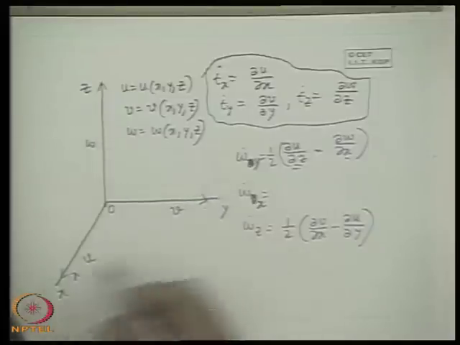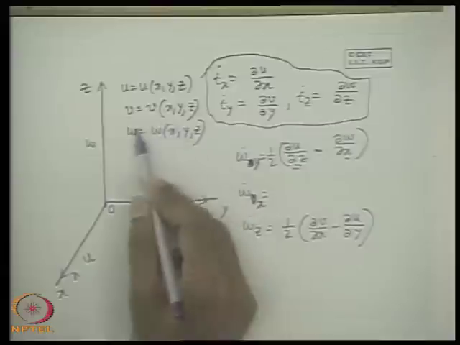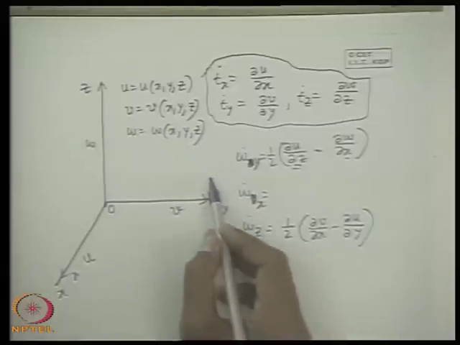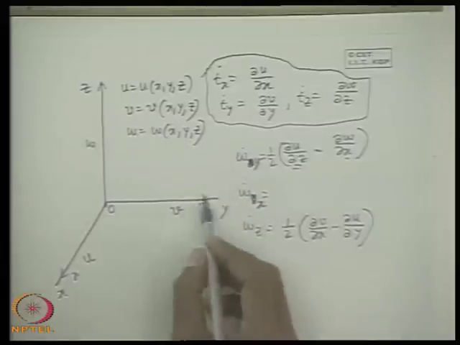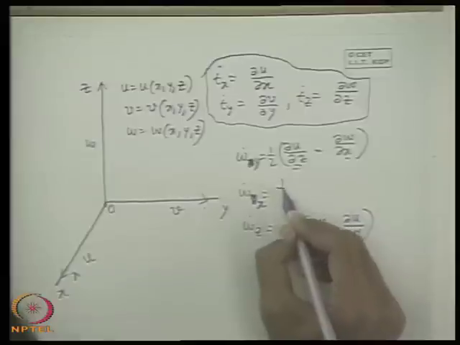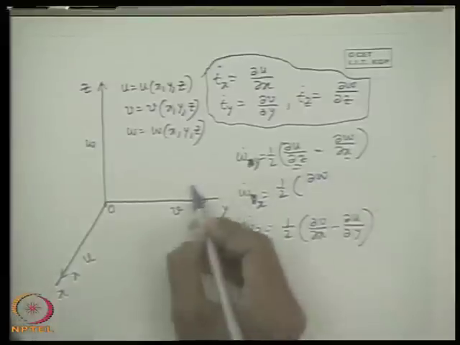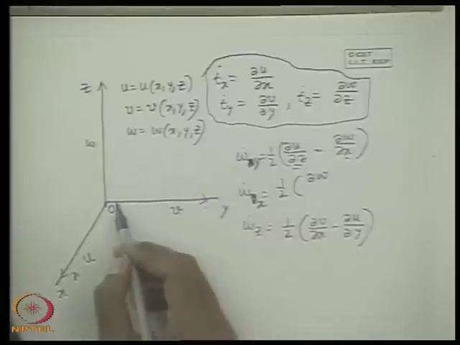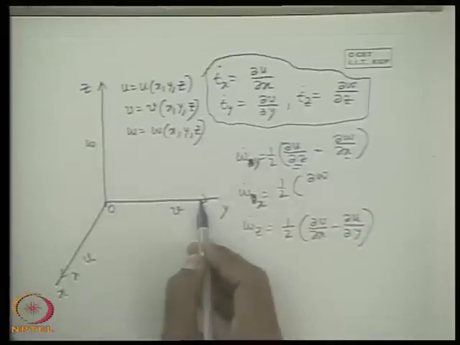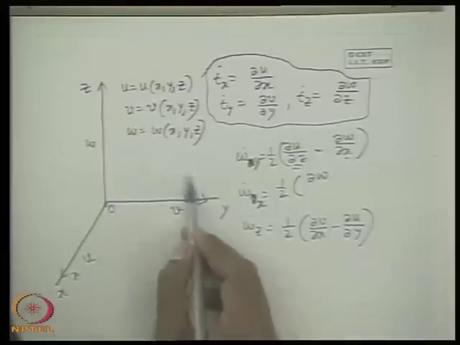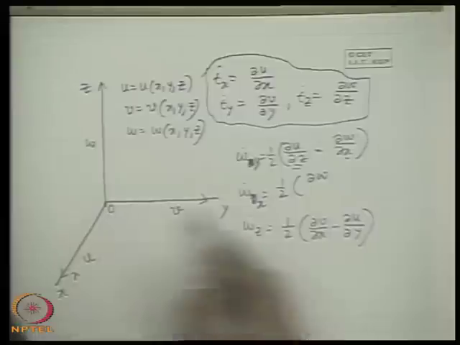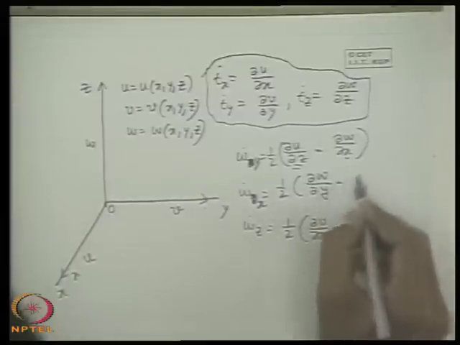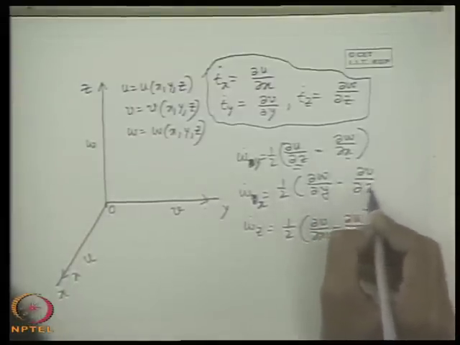Similarly, this will be in the yz plane. So rotation in this direction will be positive, which is responsible for the change in the w component of velocity with y, del w del y minus del v del z.